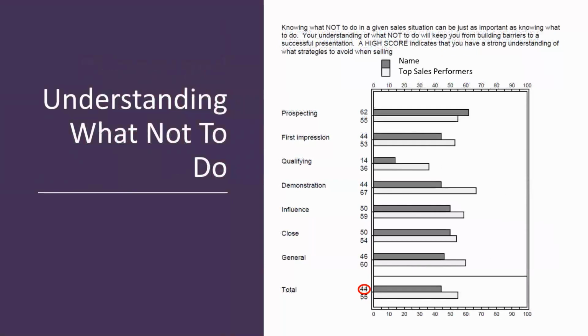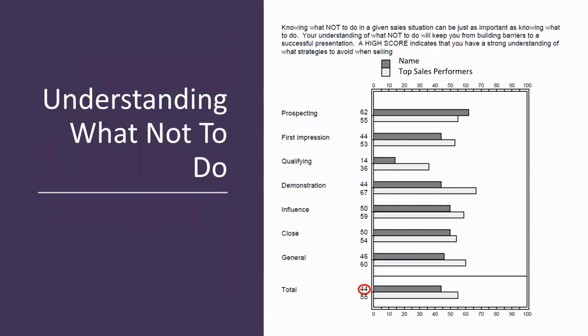Now, understanding what not to do in a sales situation is as important, or maybe more important, than understanding what to do. We certainly don't want to shoot ourselves in the foot or put our foot in our mouth and do things completely incorrectly from the get-go. So this particular ranking shows how our applicant did in knowing what not to do in a sales engagement.